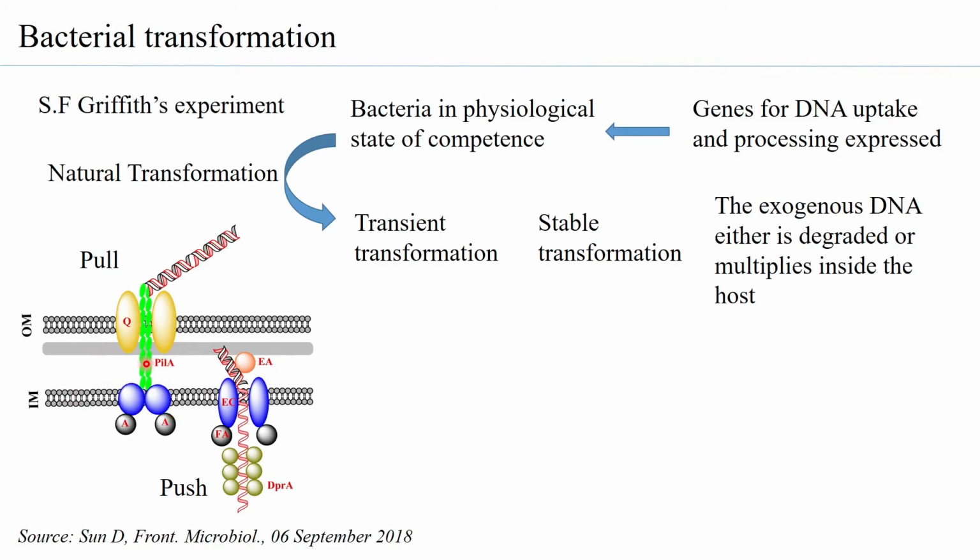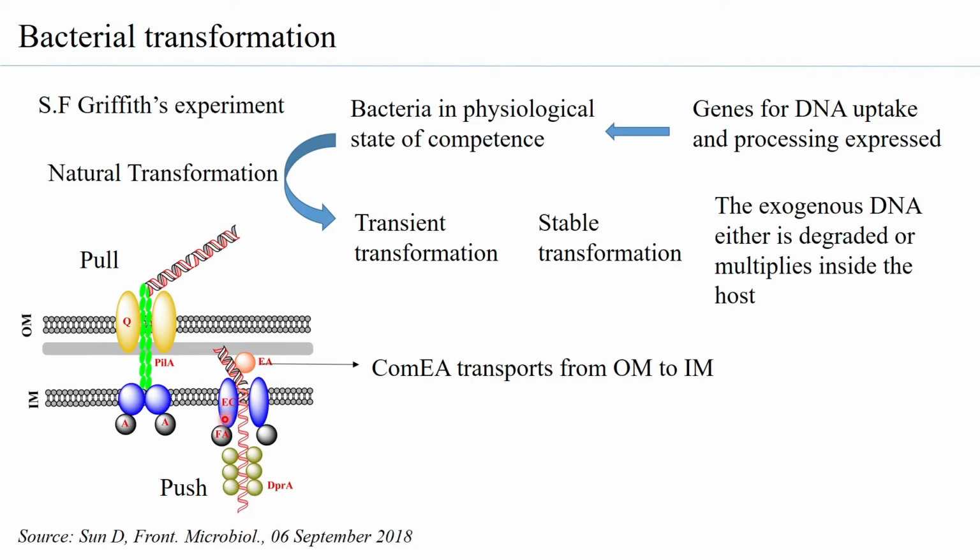Once the double-stranded DNA is present between the outer membrane and the inner membrane, which is the periplasmic space, in the periplasmic space the double-stranded DNA is bound by competence factor ComEA, and this ComEA is able to associate the double-stranded DNA with competence factor ComEC. So effectively, ComEA transports the double-stranded DNA from the outer membrane to the inner membrane.